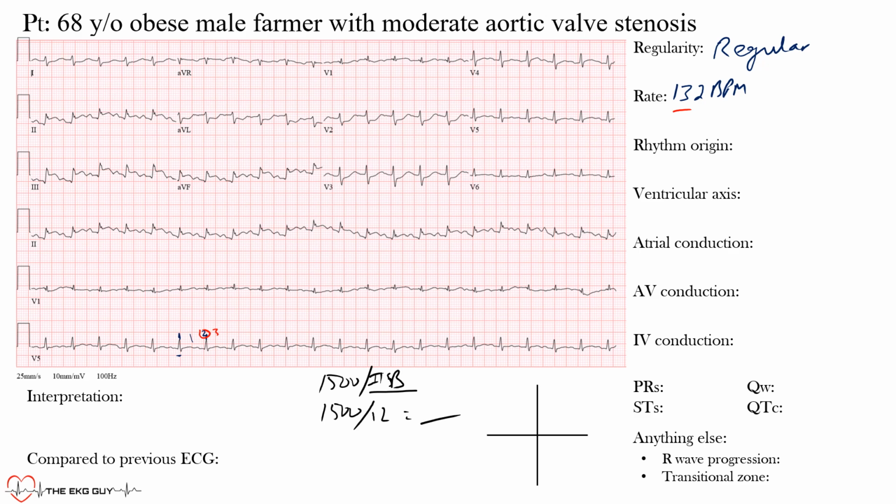All right, so this approach where we're doing this division is something you can only use for regular rhythms. So I just want you to be aware of that. With the faster rhythms or faster rates, we tend to use that 1500 to be a little more accurate. Okay, so those are a few ways to find the rate. Now the actual rate that the machine gave us was 131. Okay, so I'll just put that here, and you can see that we are quite close with that first one.